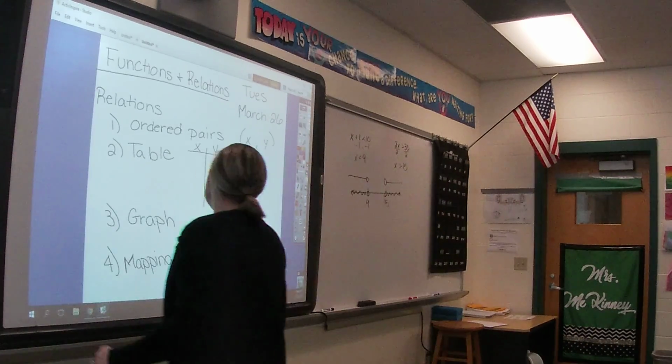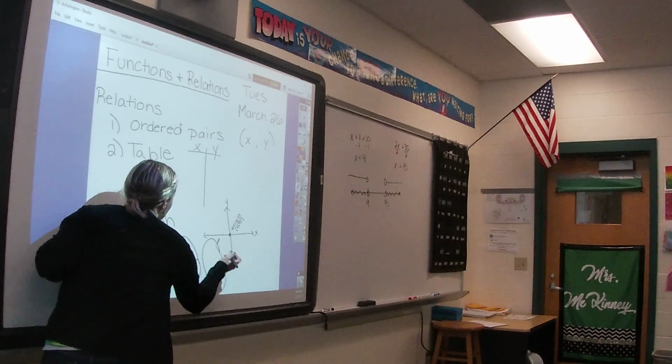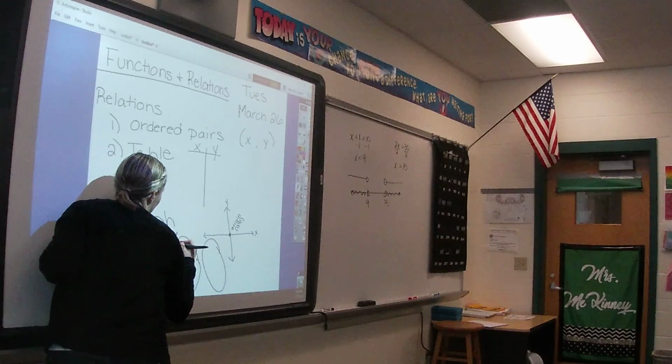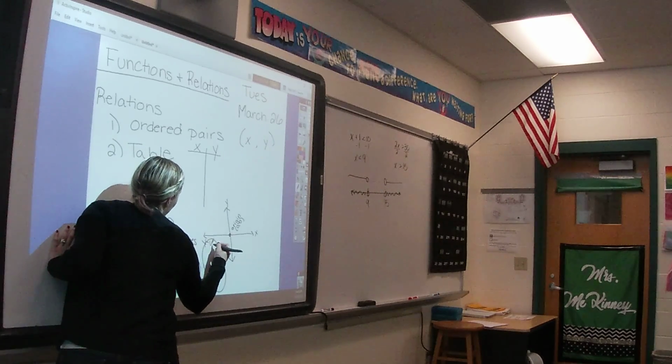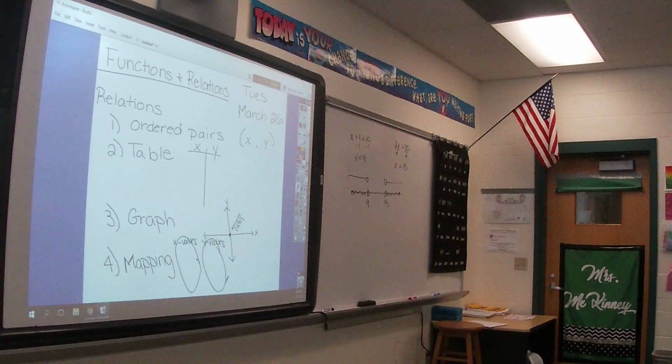But we're going to list the x values on the left, and we're going to list the y values on the right, and we're sort of going to connect the dots. So the x values go over here, and the y values go over here. Okay, but here's the key.